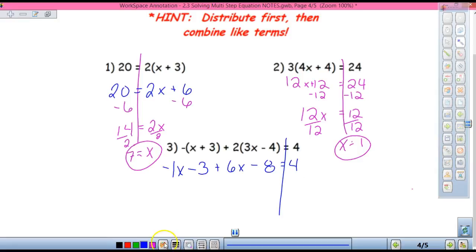Jackpot. Five x minus 11 equals 4. We just might be getting it.